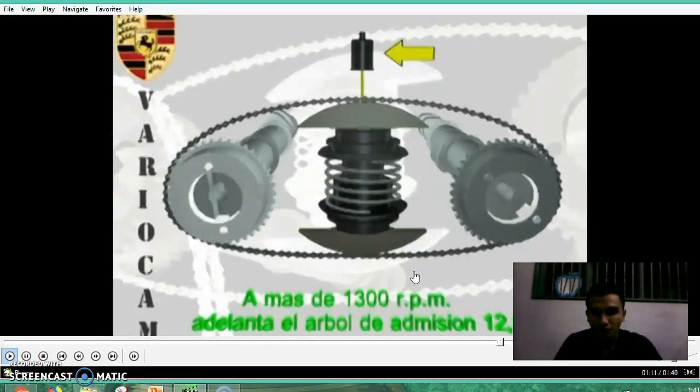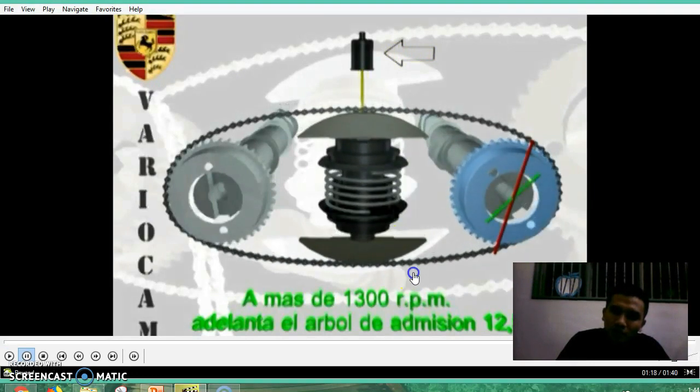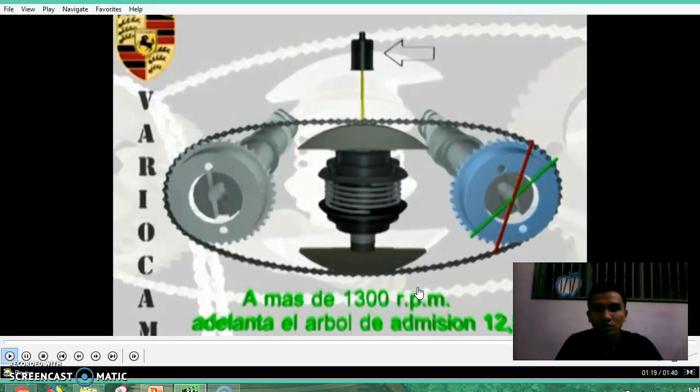When the speed shifts to 1300 rpm, the solenoid will send a signal to the hydraulic system on the Variocam to tension the timing chain downward.